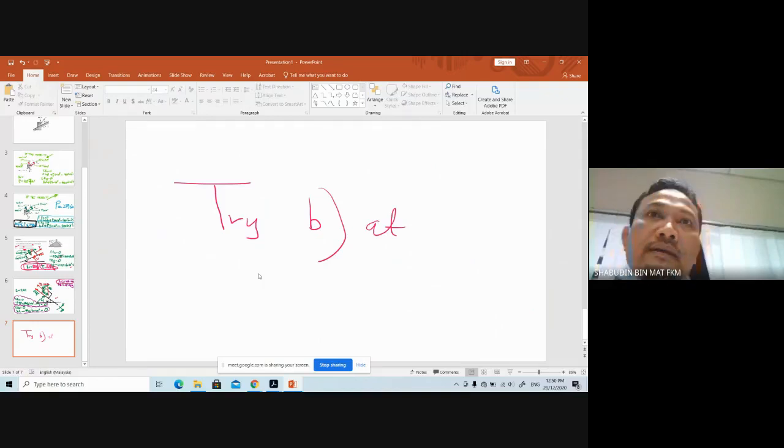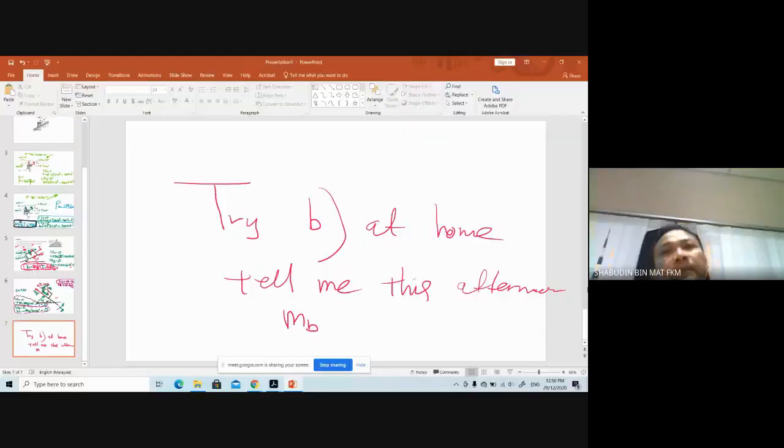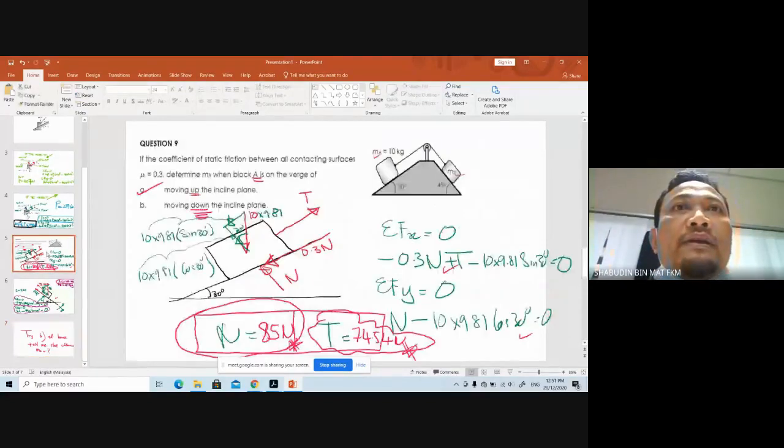Tell me this afternoon what is mb in section B, when the structure is moving down.